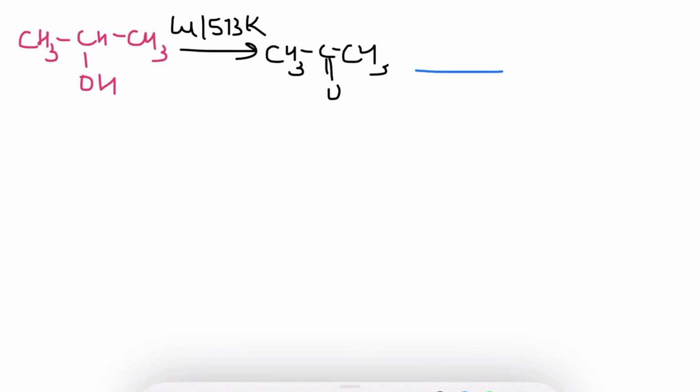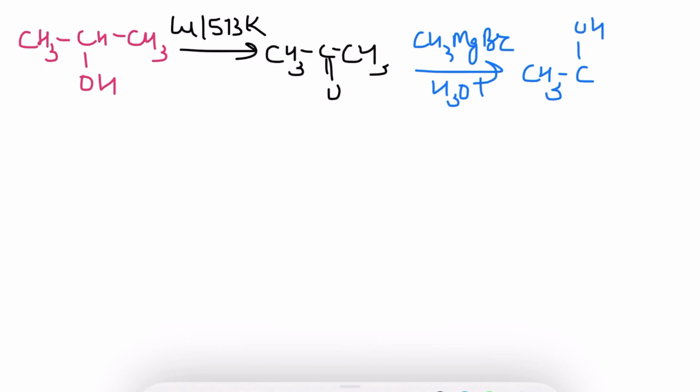This acetone, on reaction with CH3MgBr, methyl magnesium bromide, and hydrolysis, gives tert-butyl alcohol. Now in case of tert-butyl alcohol, this tertiary carbon doesn't have any hydrogen here. So in this case, we are not able to do the dehydrogenation reaction because of the absence of hydrogen.